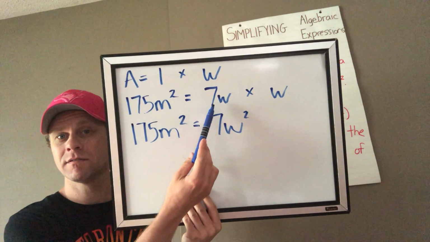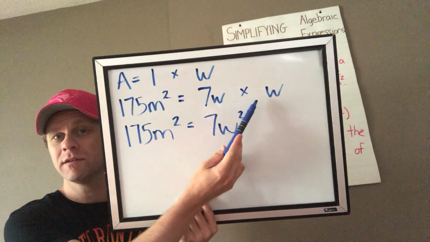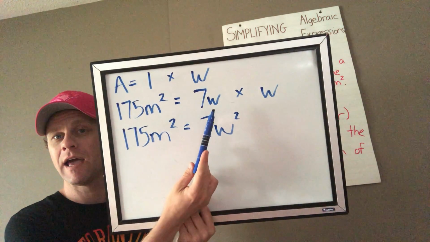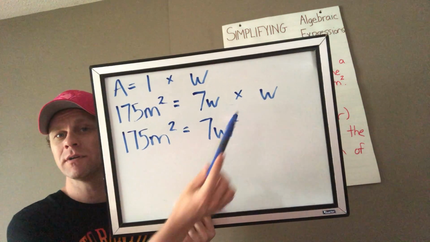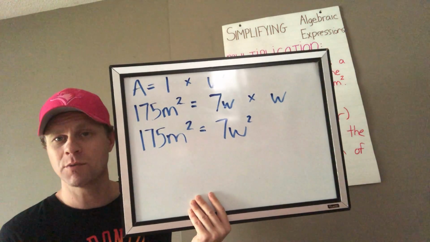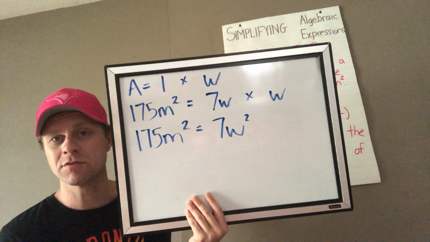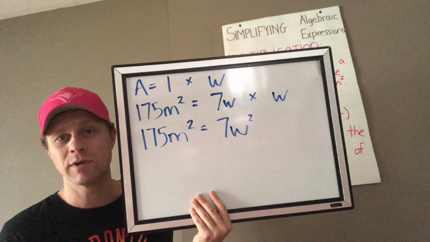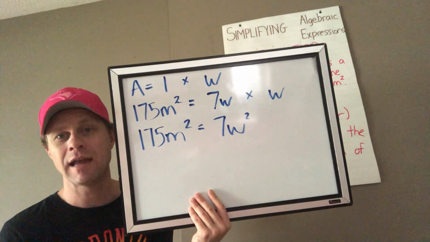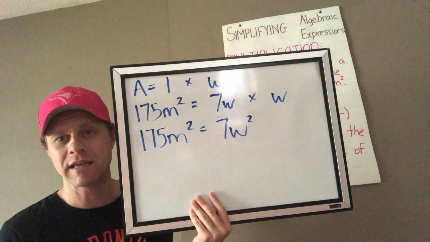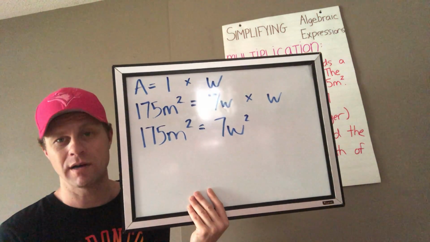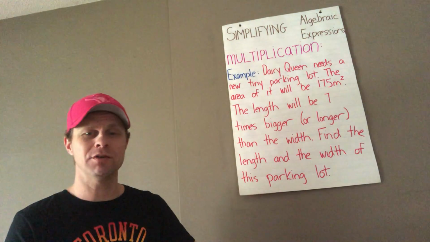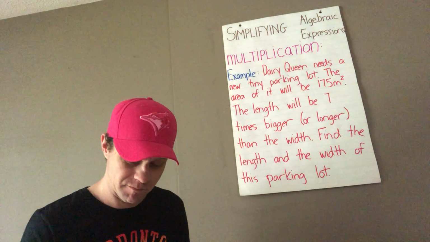7 times 1 equals 7, and W times W equals W squared. Because the W, since there's no exponent, they also mean exponent 1. So we're doing W times W and adding those two exponents together, the 1 plus 1. Okay? So we get 7W squared.